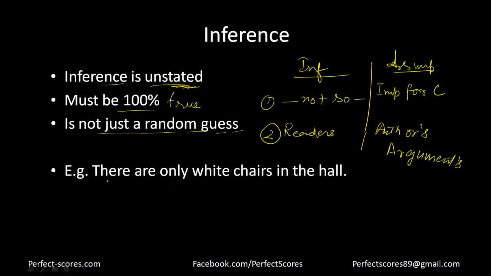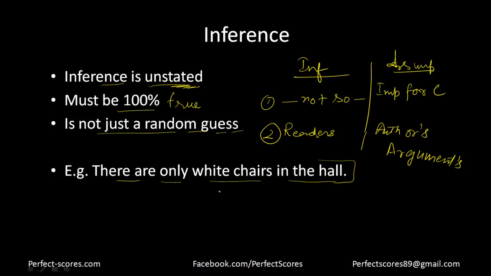For example, you have an argument here: there are only white chairs in the hall. What all can you infer from that? Can you say that there is a hall? No, you can't say there is a hall because it's mentioned already. That would not be an inference because it's already stated.